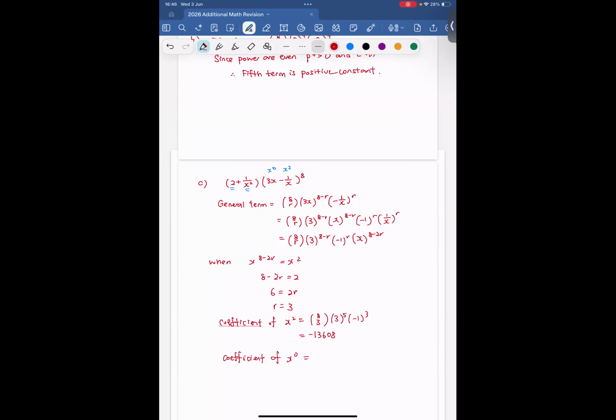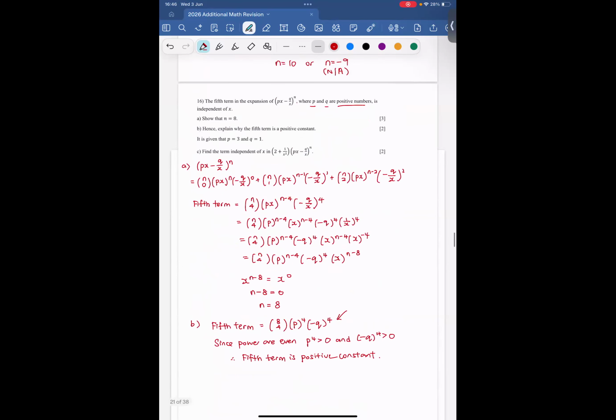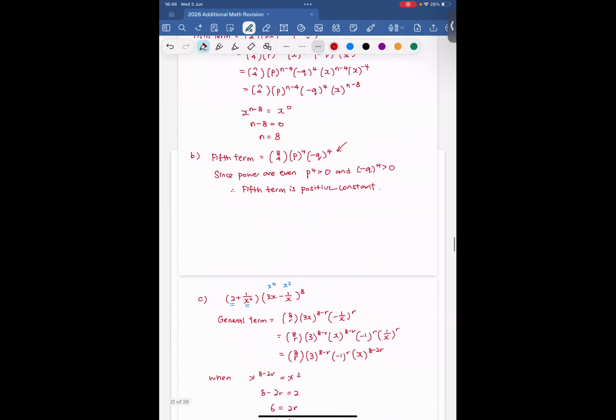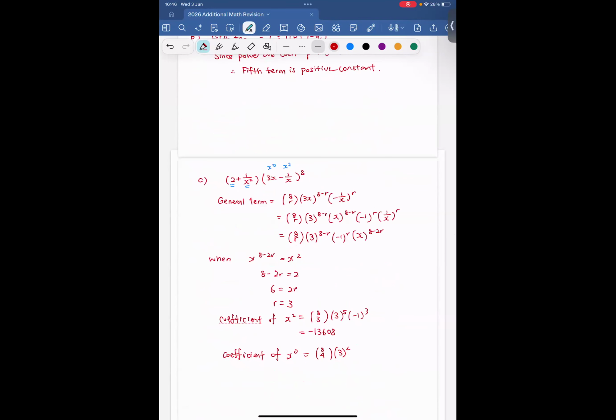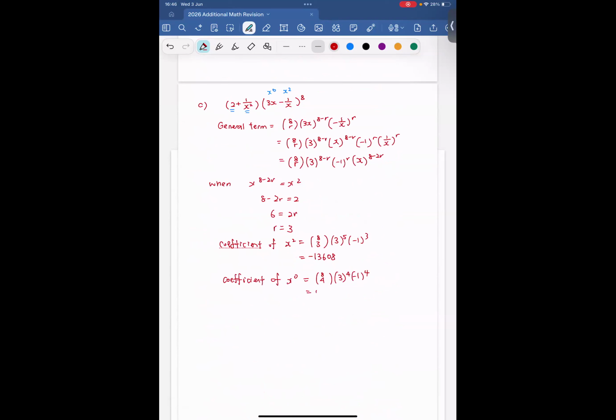Okay, and then the coefficient of x0. Actually, just now we already found the coefficient of x0, which is here. So we just put in our p and q. P is 3, q is 1. Negative q. That gives 5670. Okay, so that means if I take this times this, I don't need all the terms inside the second one.